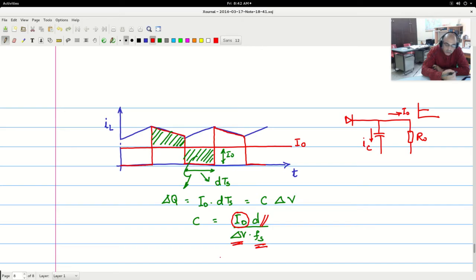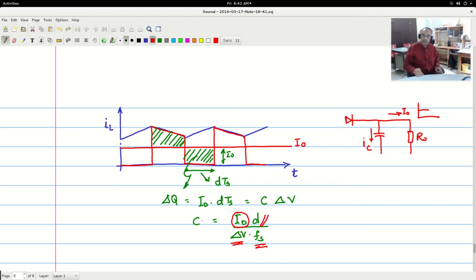You will allow some amount of ripple on the capacitor, so based on that, the value of C will get calculated. Normally 10% of V naught is used for delta V to calculate the value of C. So this is how you will calculate the value of C.